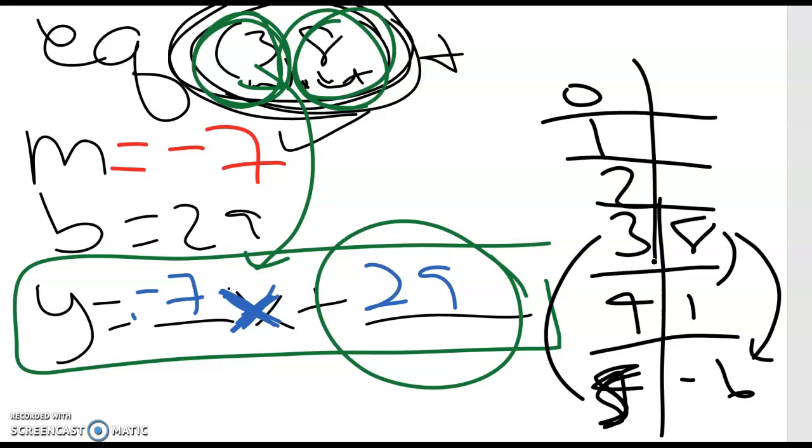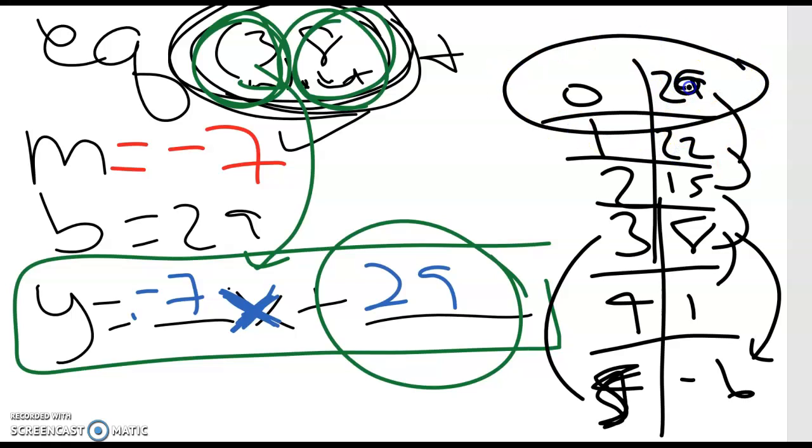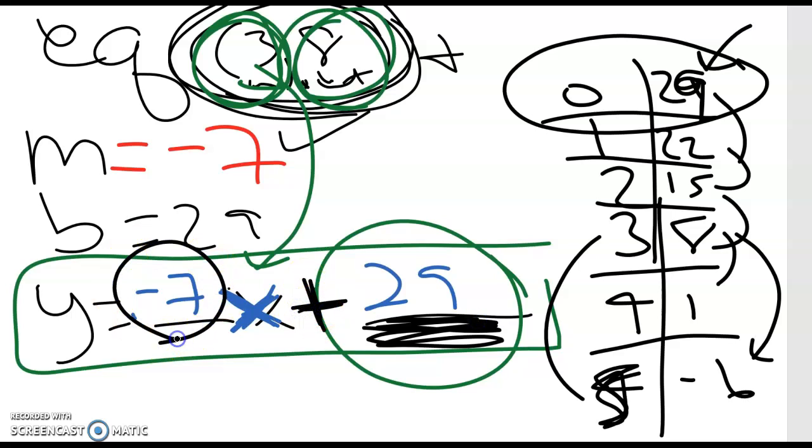So I know it's going down by 7. So if I go backward, I would add 7 again, and add 7 again. And notice, just like we did with arithmetic sequences, I could get back to 0 where it started. So the science experiment started at 29 degrees. It's dropping 7 degrees every minute, second, whatever it may be. And then this is the linear formula that would predict that.